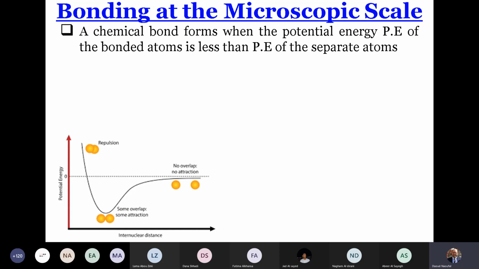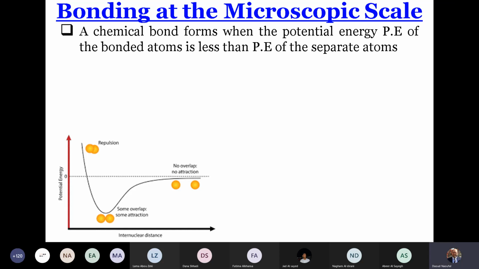When they get close, we have attractions between the electrons of the first and the protons of the second, and the protons of the first and the electrons of the second. So the two atoms will come together due to the attraction.